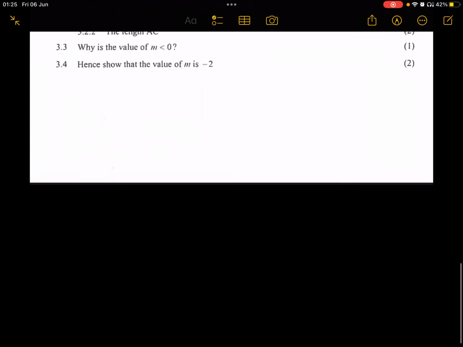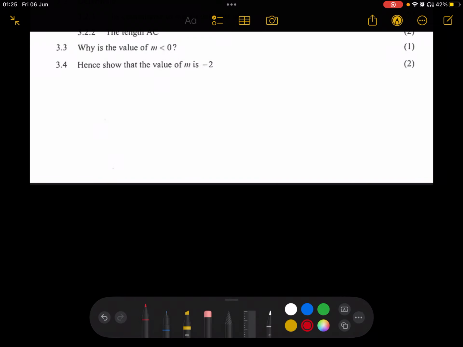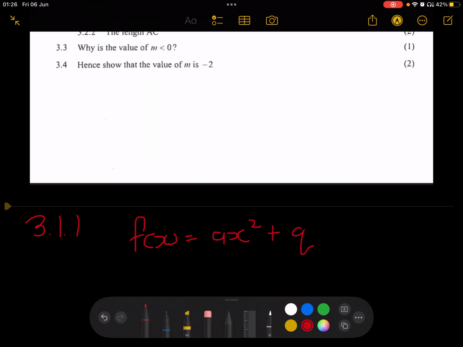Now, when you talk about the value of q, 3.1.1. If you look at the graph of f of x, it is given by ax squared plus q, and q is the y-intercept.